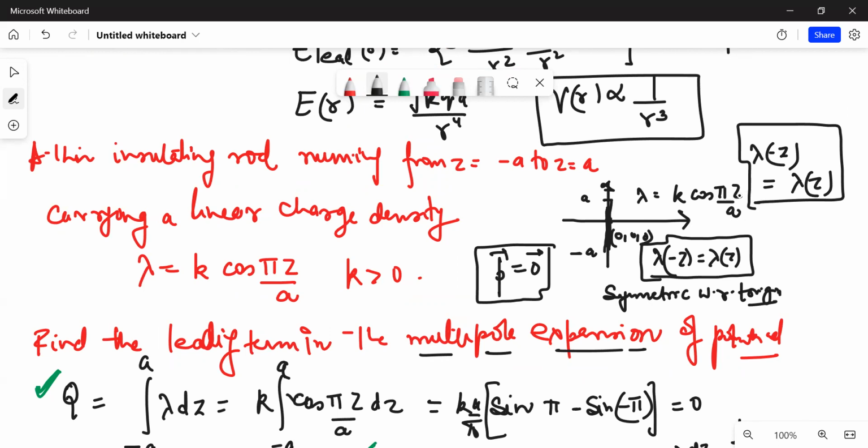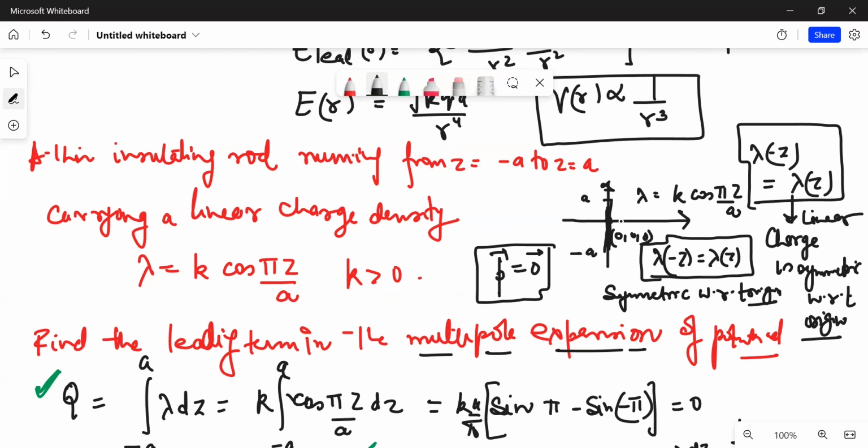If you replace z with minus z, you will get cos(pi z upon a) again. So cos(pi minus z upon a) is equal to cos(pi z upon a), so lambda(minus z) equals lambda(z). This implies that the linear charge density is symmetric with respect to the origin, or you can say the origin happens to be a point of symmetry. If the origin is a point of symmetry for the charge distribution, then the net dipole moment vector has to be 0.